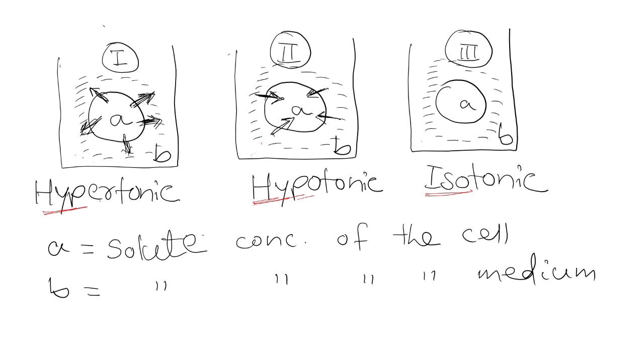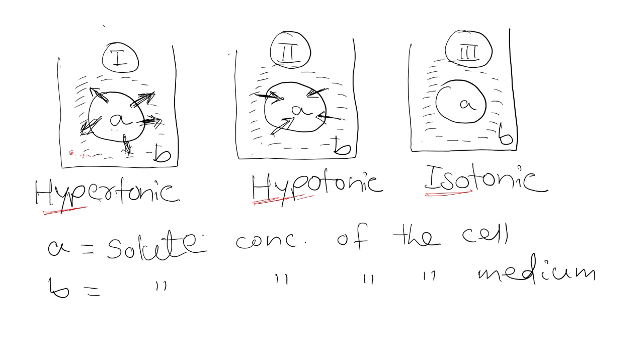Now let's understand what is meant by hypertonic. Hypertonic means the medium has a solute concentration more in comparison to the solute concentration inside the cell. So if the solute concentration outside of the cell is more, it means the solvent concentration will be less in comparison to the solvent concentration inside the cell.